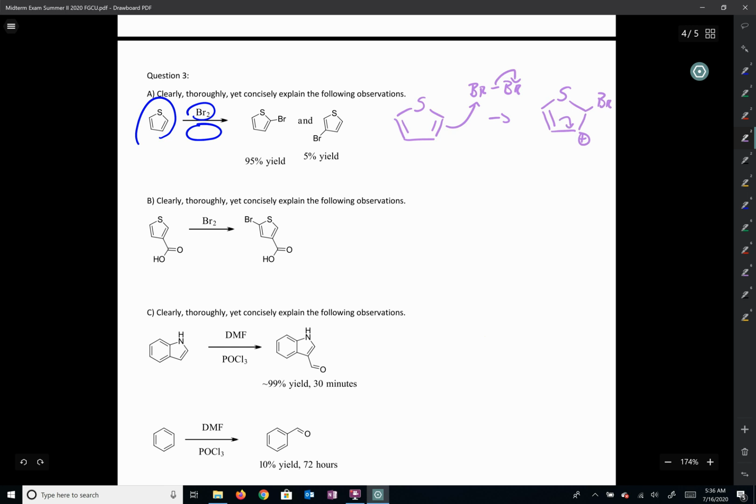So resonance structure number 1. That looks nice. And then resonance structure number 2, right? Not as nice, but still not bad, right?